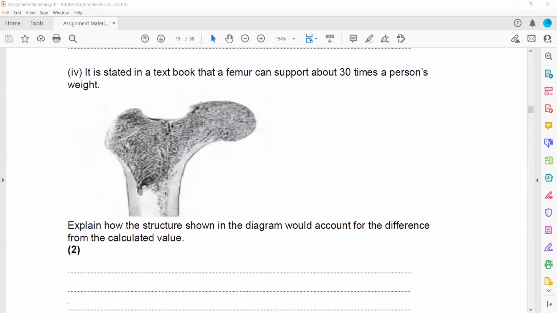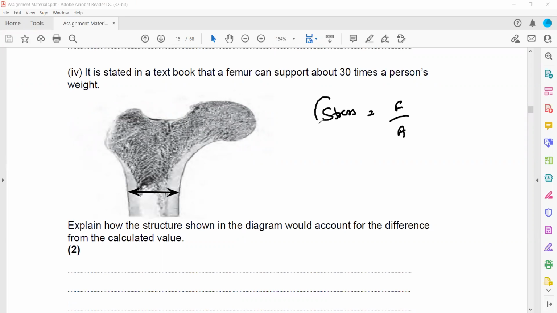As you can see, the structure's area is not constant, the area is changing. Here it's a small area, so it can bear a smaller force. As we have the formula, stress is equal to force divided by area.